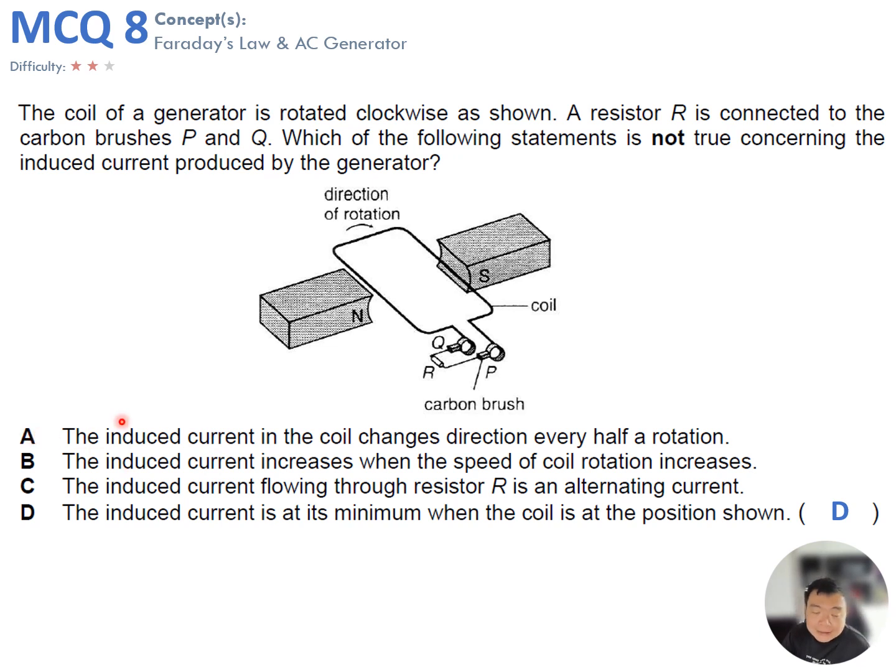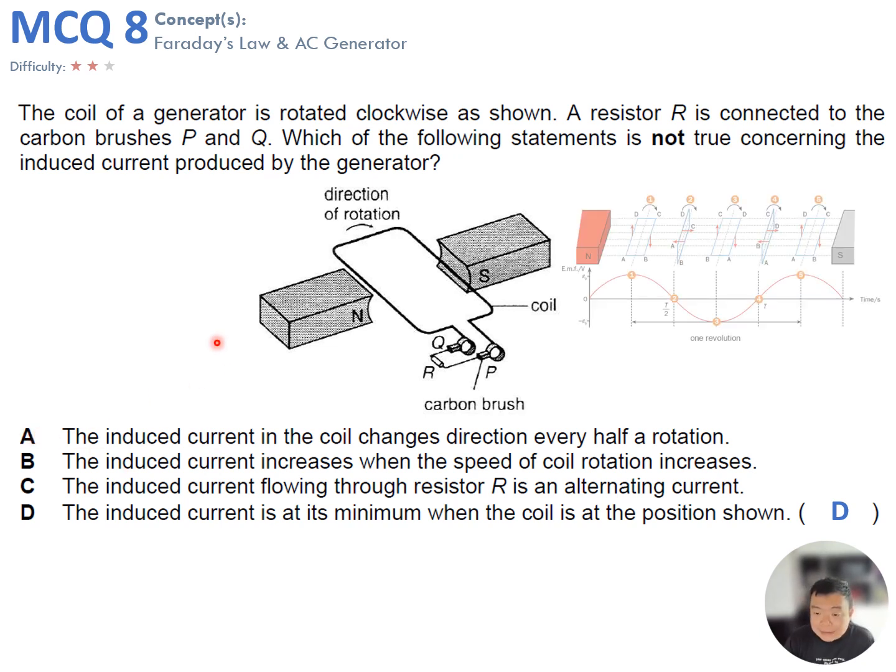For options A, C, and D, it is best answered if you recall this diagram from the notes. So we have to be able to draw, sketch this induced voltage or induced current against time graph, and juxtapose it against the orientation of the coil at different junctures in time.